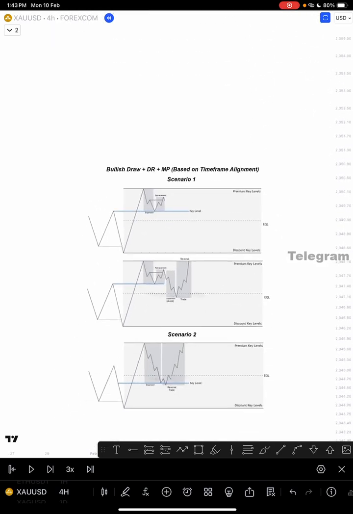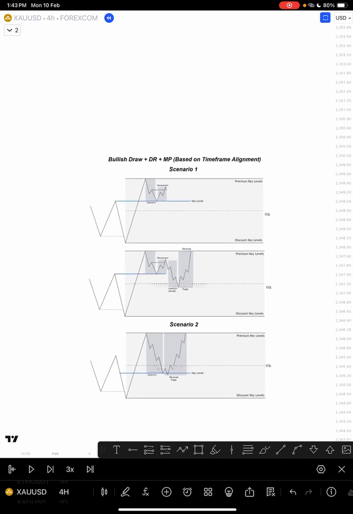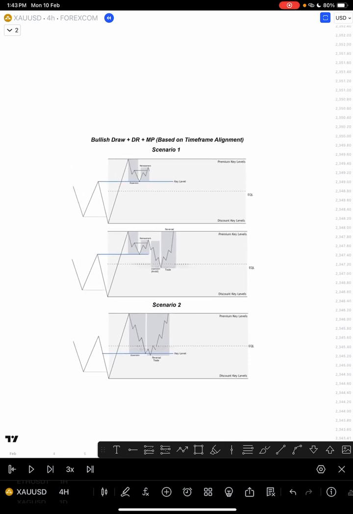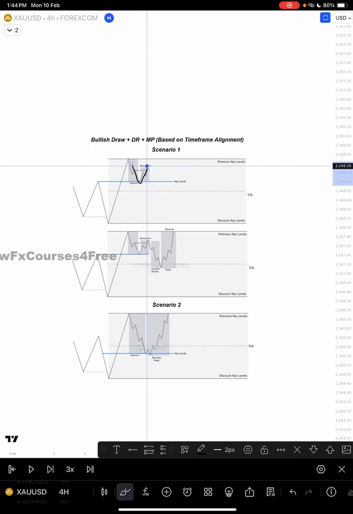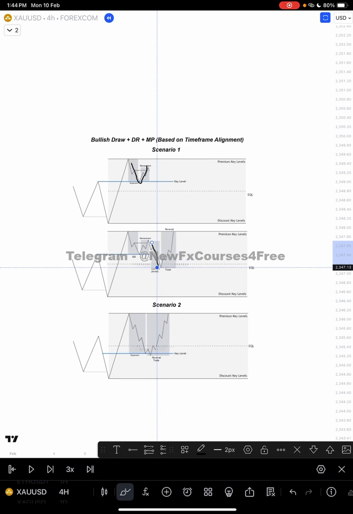So here are some illustrations. Here, bullish draw plus daily range plus market profile based on time frame alignment. So here we started with an expansion lower, a retracement, then we dumped lower with this move into our equilibrium price and discount region.